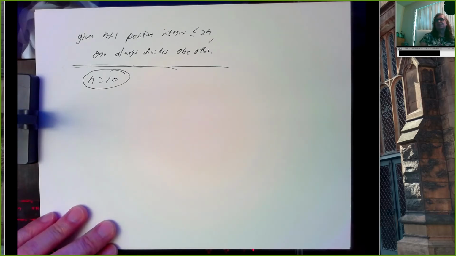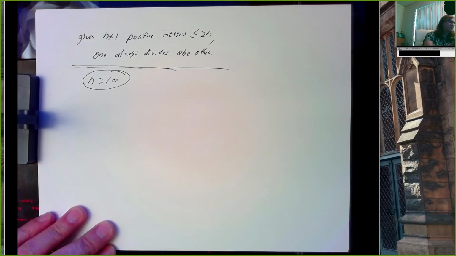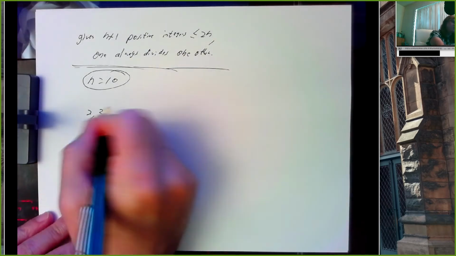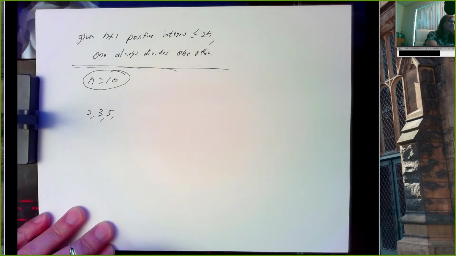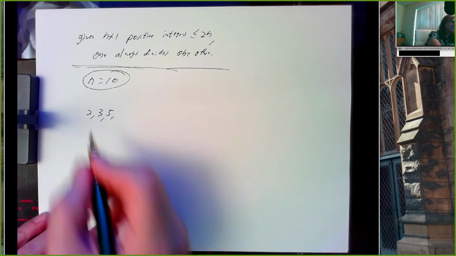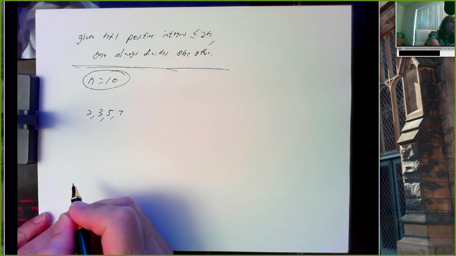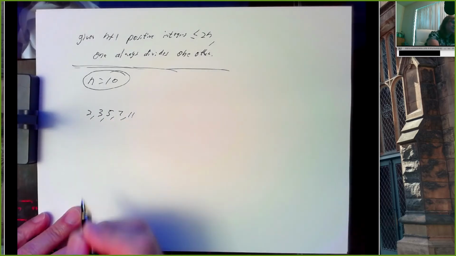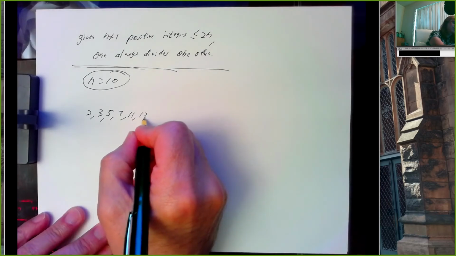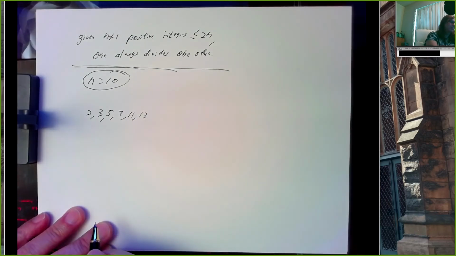Well, we can't pick the number 1 because that's a factor of everything, but we could pick the number 2. And we could pick 3 because 2 is not a factor of 3, 3 is not a factor of 2. We can't pick 4. We could pick 5. We can't pick 6 because these are both factors. We could pick 7. Can't pick 8. Can't pick 9. Can't pick 10. We could pick 11. We can't do 12.